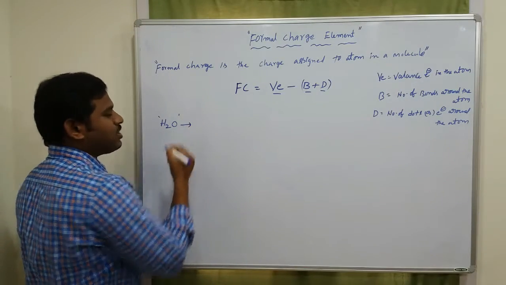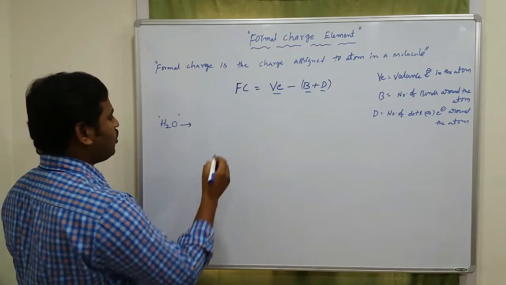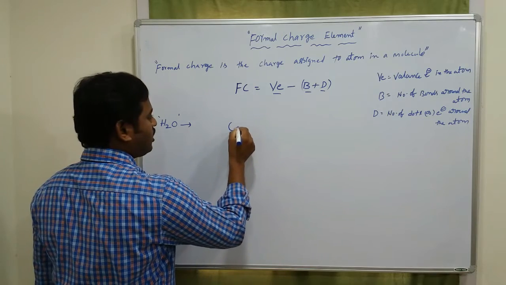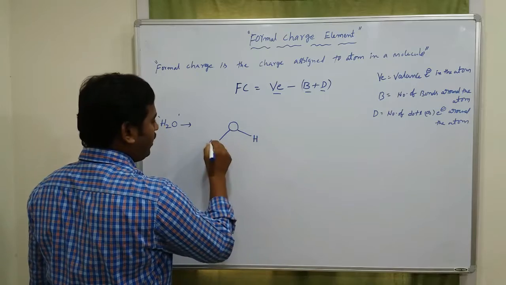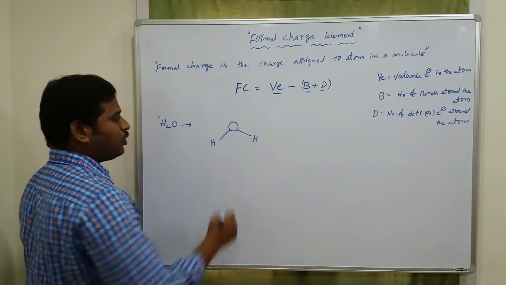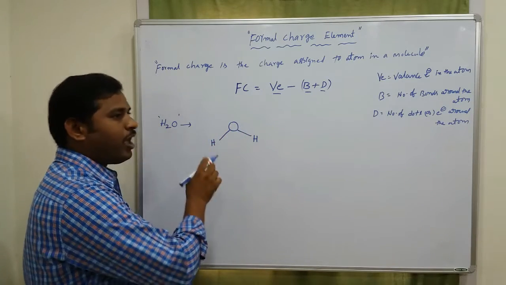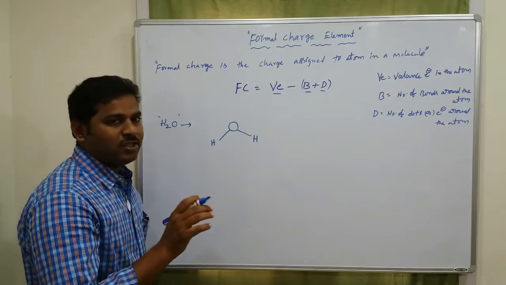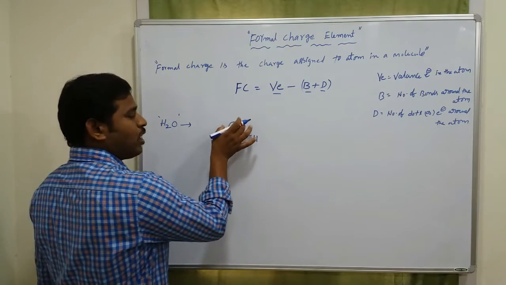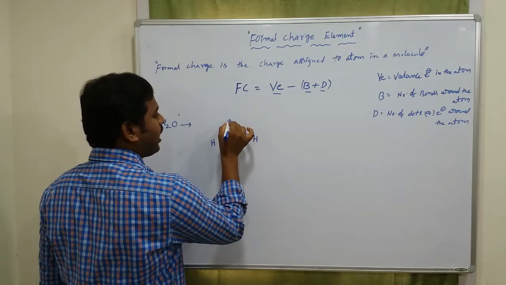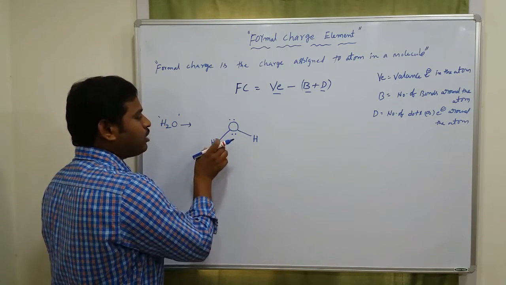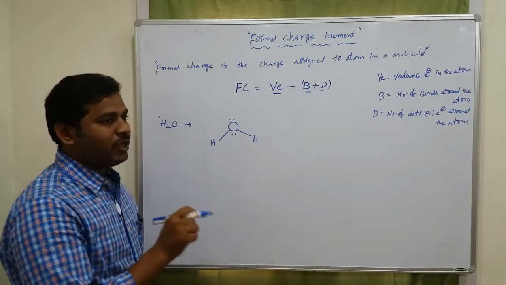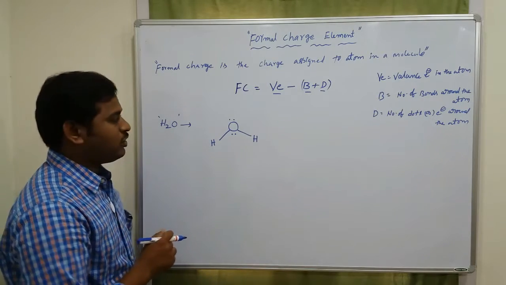For this we must write its dot structure, that is the Lewis structure. Oxygen is the central atom. Next it is hydrogen, and hydrogen. Every atom must satisfy the octet rule, so oxygen has 2 extra lone pairs of electrons, and hydrogen must satisfy the helium electron configuration.